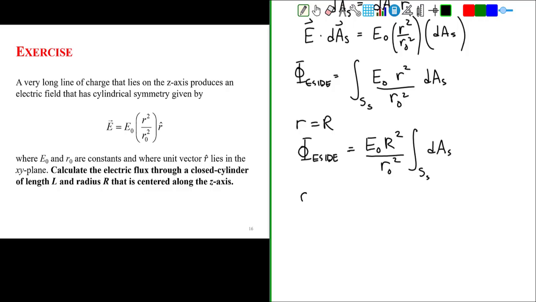Well, the integral of just a differential, in this case the differential for the area of the side, is just going to be equal to the area of the side.